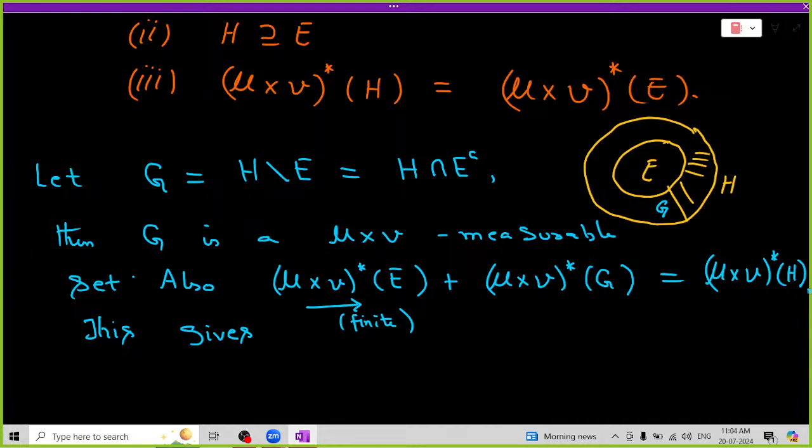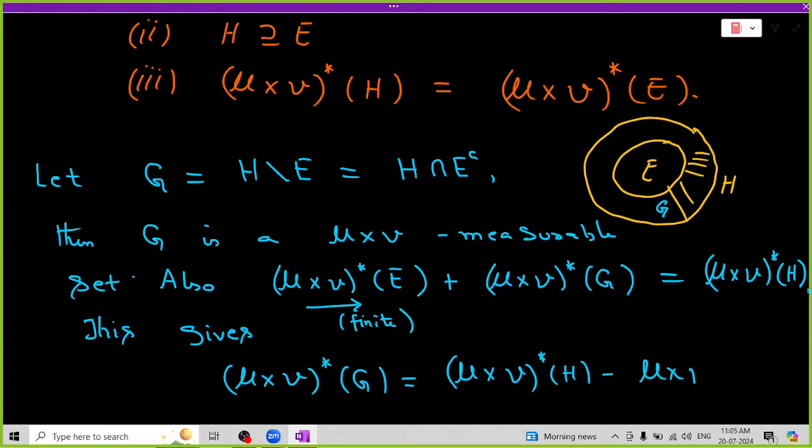So on subtracting this quantity on both sides, what will you get? You will get mu cross nu star of g is equal to mu cross nu star of h minus mu cross nu star of e.